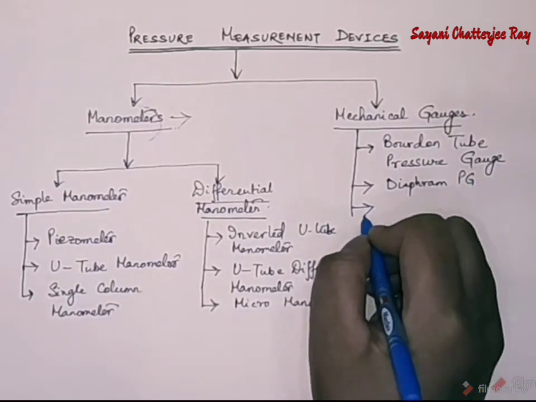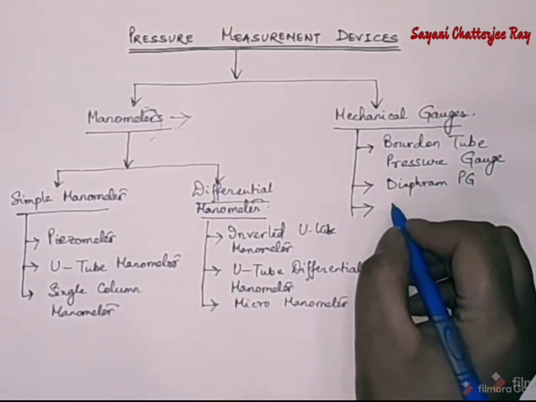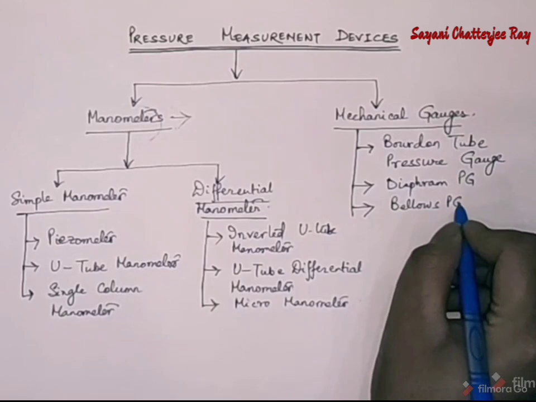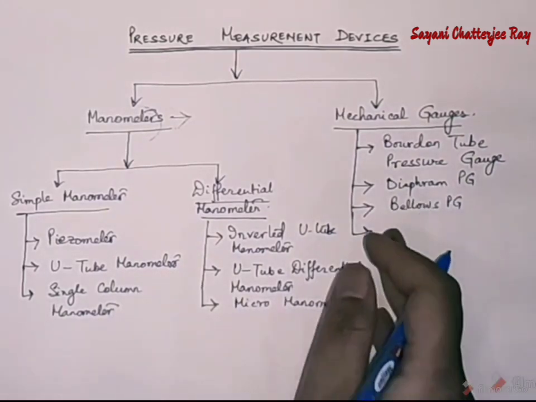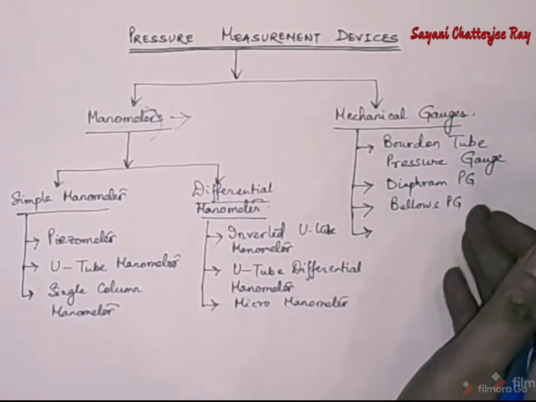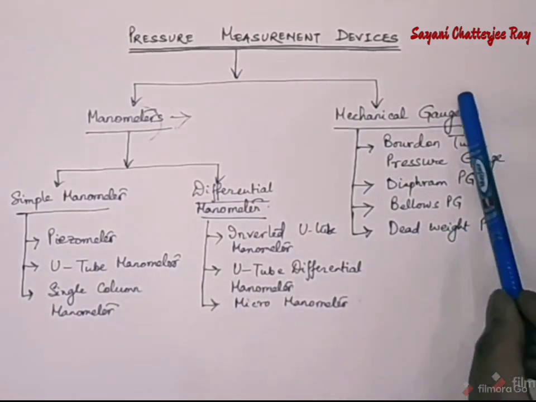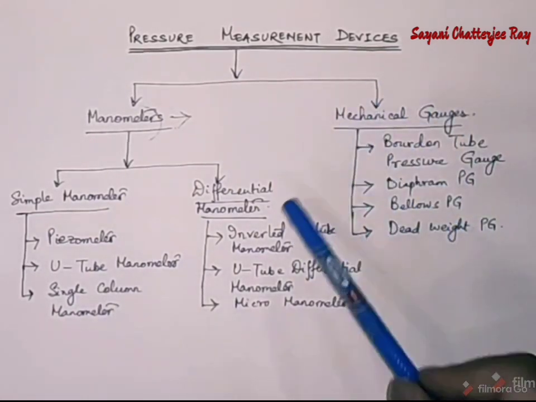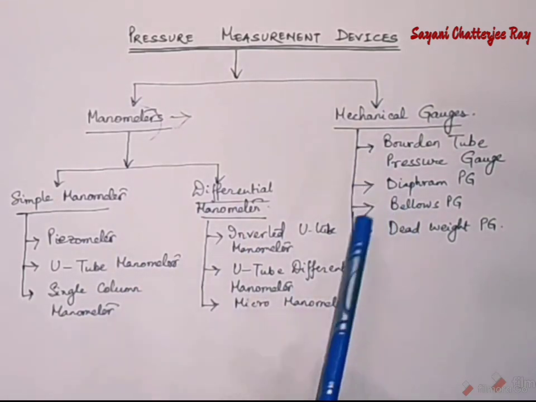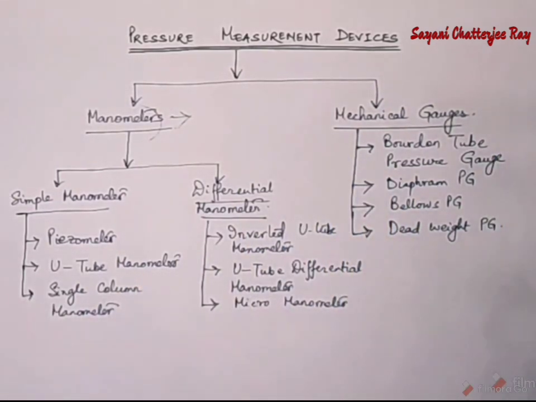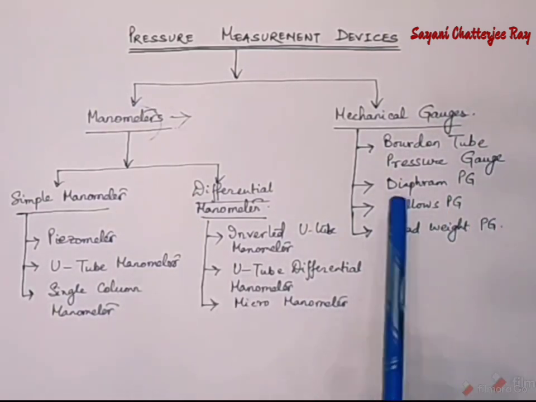The third one is a bellows pressure gauge. And the last one is the dead weight pressure gauge. The mechanical gauges have nothing to do with civil engineering. These topics are explained well in the mechanical department subjects like mechanical measurements and engineering metrology.